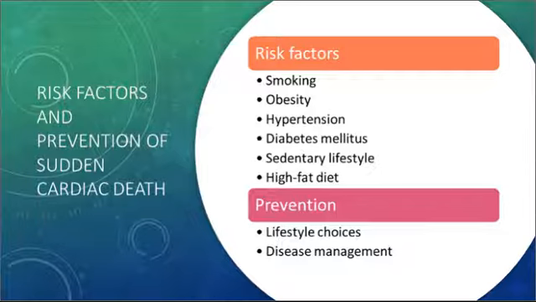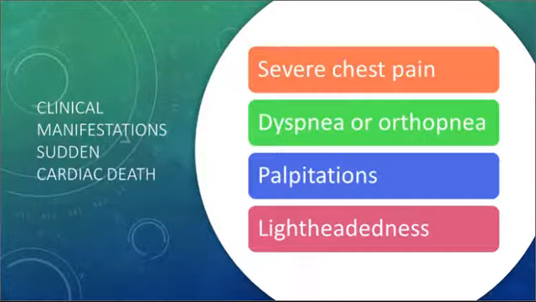Risk factors, as with so many things, are smoking, obesity, hypertension, diabetes, sedentary lifestyle, high-fat diet. It's all about prevention, prevention, prevention. Symptoms of sudden cardiac death: severe chest pain, dyspnea, orthopnea, palpitations, and lightheadedness.